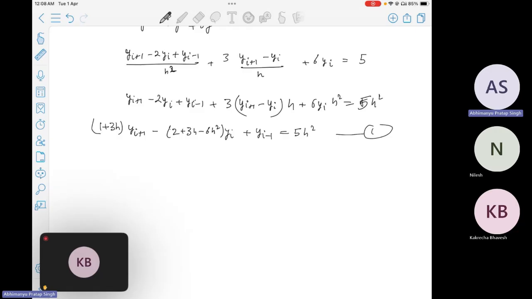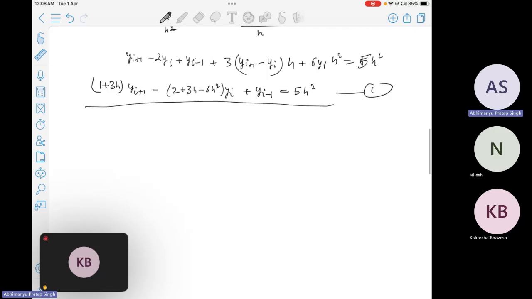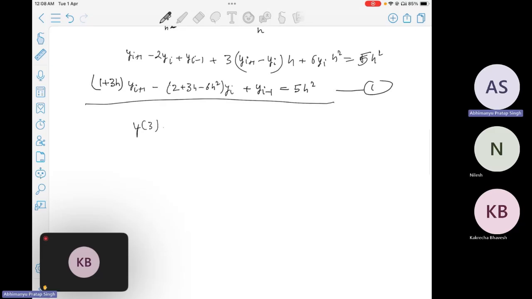Fine. So this is the equation that we are getting. You guys can do it. We need to check the last one. The last boundary condition is y3 plus 2y prime is equal to 5. So I will write this as y(n+1) plus 2 times (y(n+1) minus y(n)) divided by h is equal to 5.